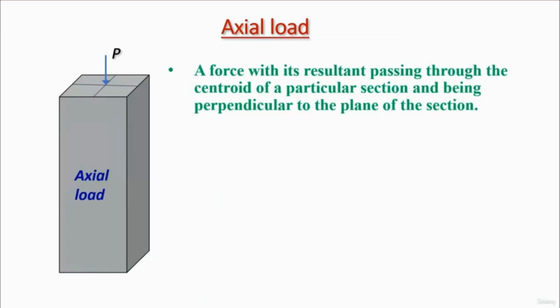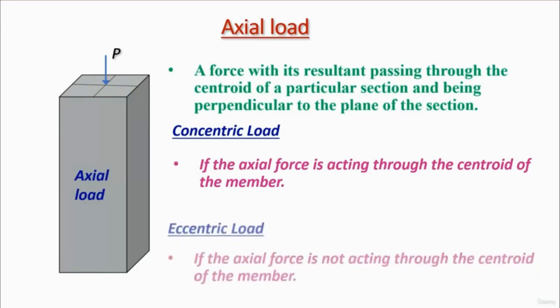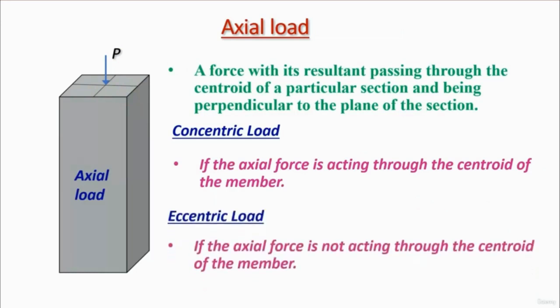First, let us see what an axial load in the column is. It is the force with which its resultant passes through the center of the particular section and is perpendicular to the plane of the section. As you can see, the load is acting at the center of the particular section. There are two types of load: one is concentric load and another is eccentric load.